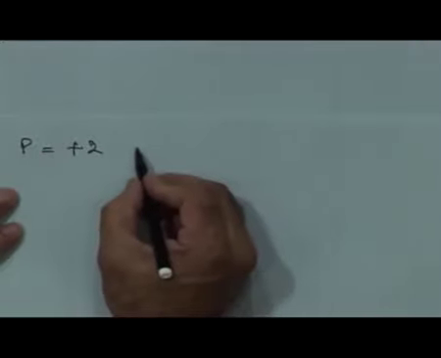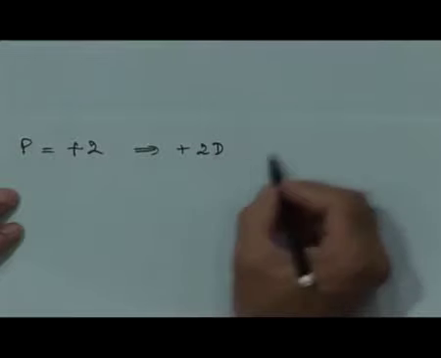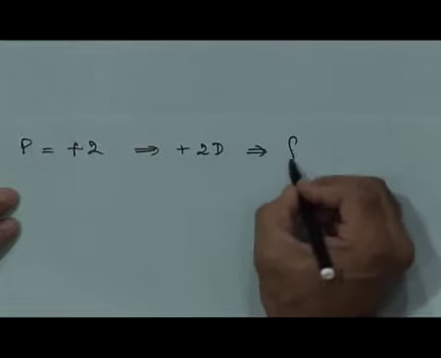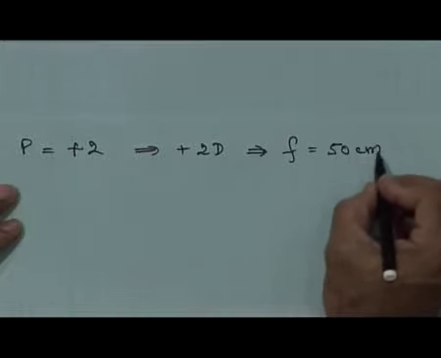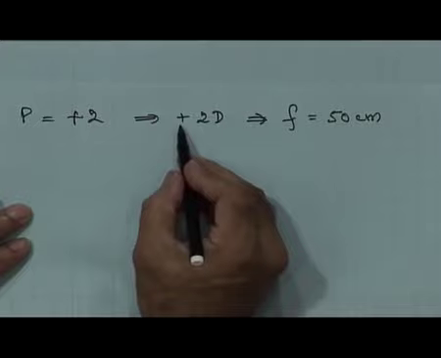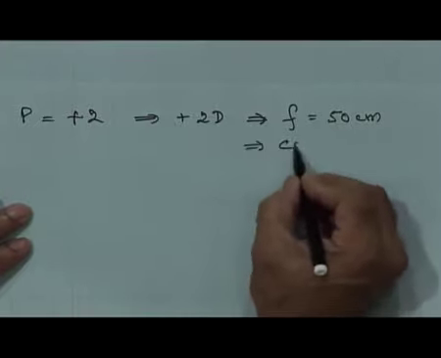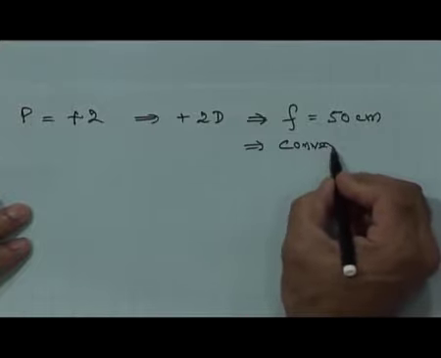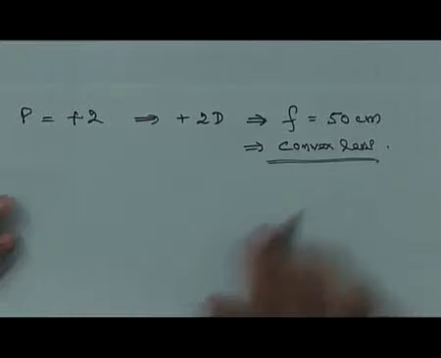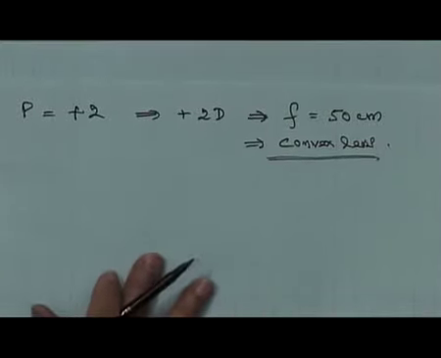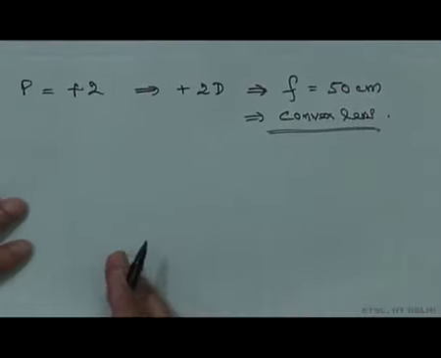What he implies is this means it is plus 2D, and this implies that the focal length is equal to 50 centimeter, and focal length it is plus, therefore, focal length is positive, which implies it is a convex lens. The lens used in his or her spectacle is a convex lens of focal length 50 centimeter.